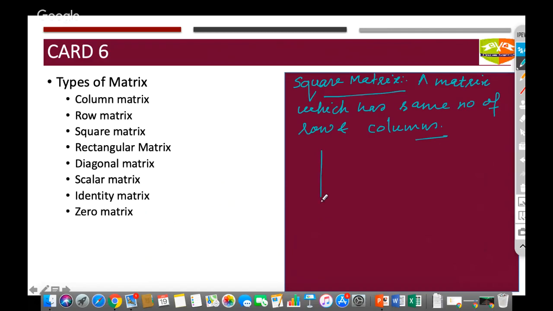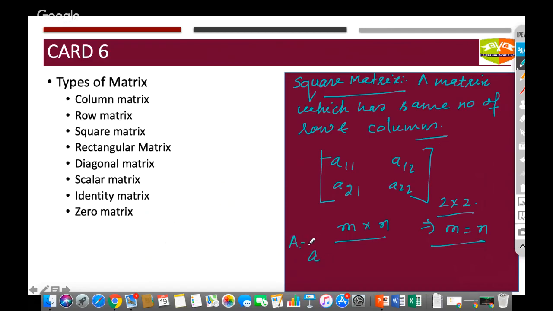What I'm trying to say is that you can write A11, A12, A21 and A22. So this is a 2 into 2 matrix. In m into n, it becomes a square matrix when m becomes equal to n. So you can write any matrix A is aij m into n, where m is equal to n, that matrix becomes your square matrix.